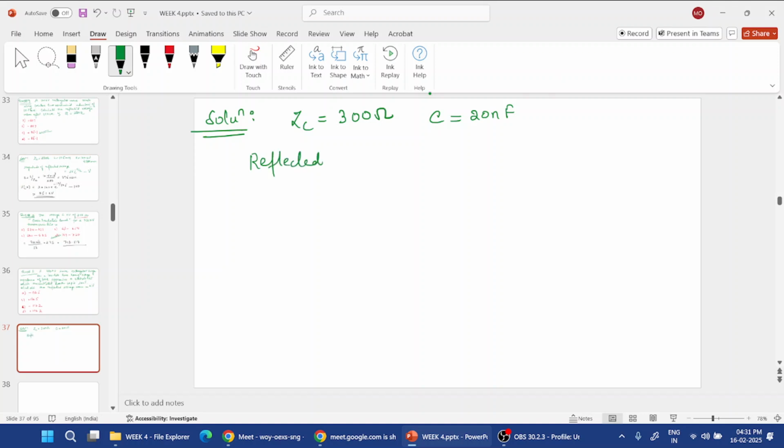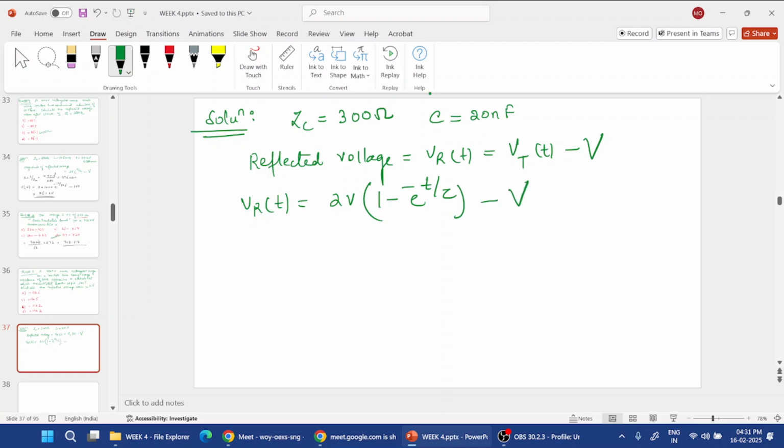The reflected voltage is VR equal to V transmitted minus capital V, because this much voltage will be in the capacitance.